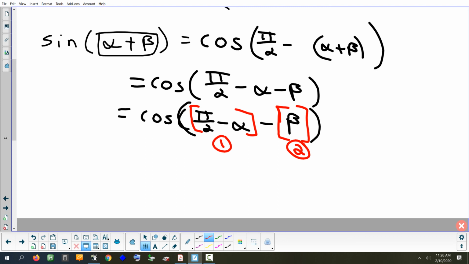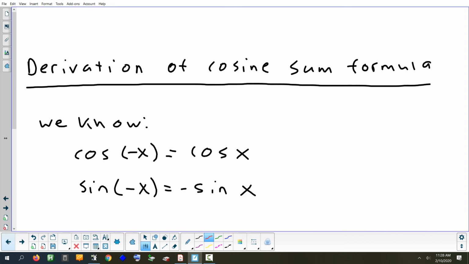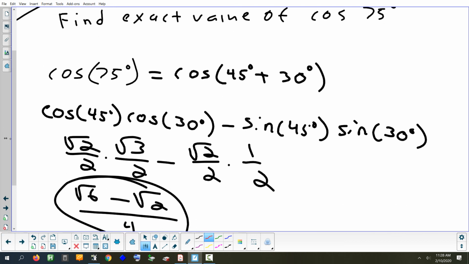Addition or subtraction? Addition. It's always the opposite. Are the cosines together on each side and the sines together, or are they both mixed? Let's go back and look. The cosines are together on one side, sines always together on the other. I know this is a sum, but if it was a difference, it would be the same thing.